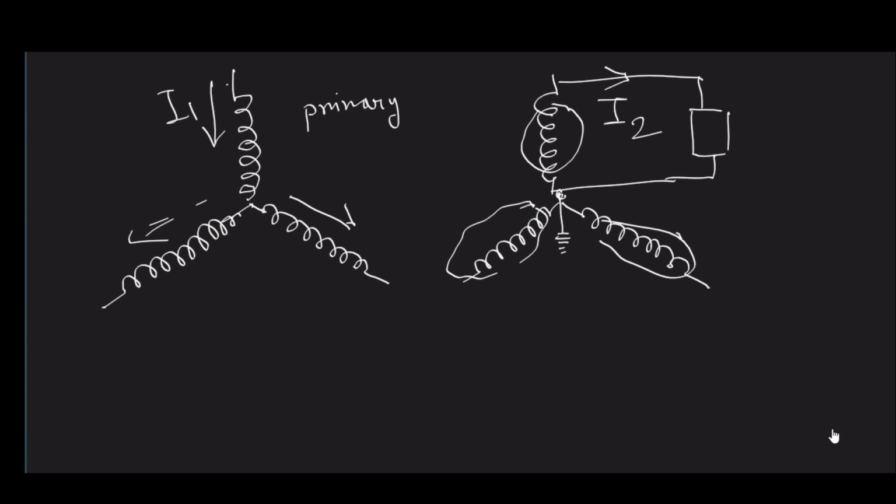Due to this, it has to manage its path through this, but here it is getting an easy path. So you can understand that a huge disturbance will take place, and this is not a hypothetical situation. In reality it can happen.